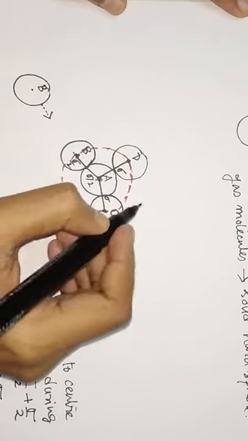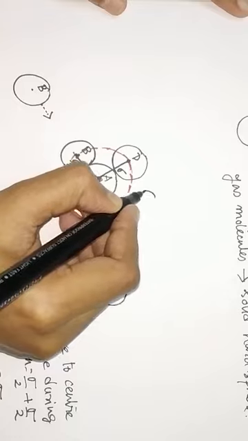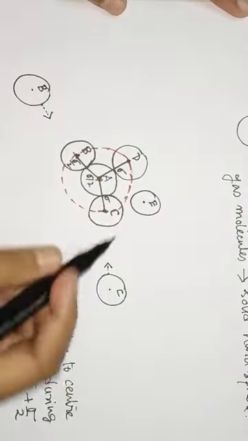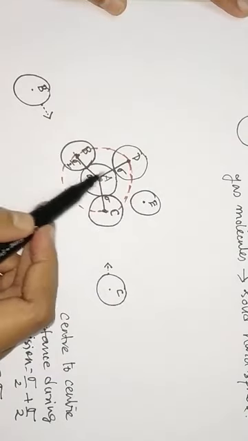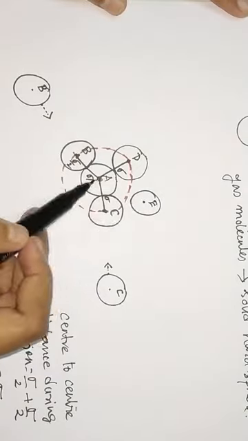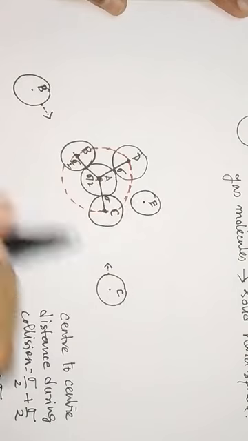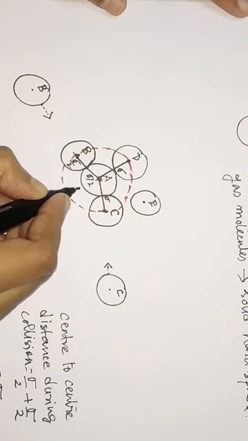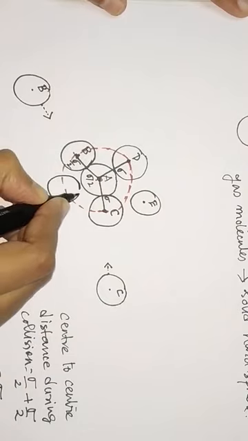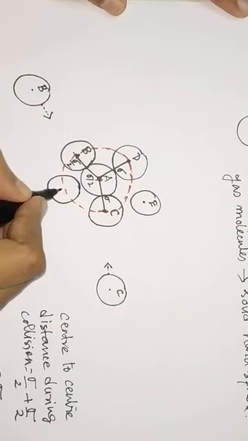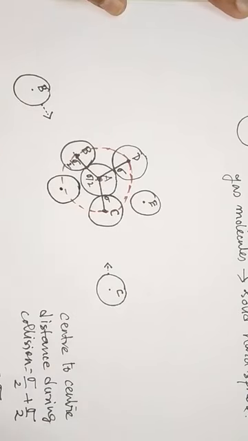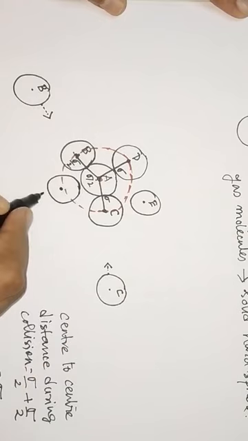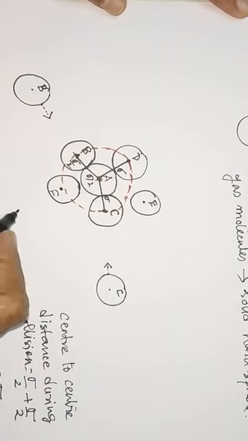Now if you consider another identical gas molecule, say E, its center is lying outside this sphere and there is no collision between molecule A and molecule E. And if you consider another molecule like this, whose center is just outside the sphere, then again there is no collision between this molecule, say F, and molecule A.